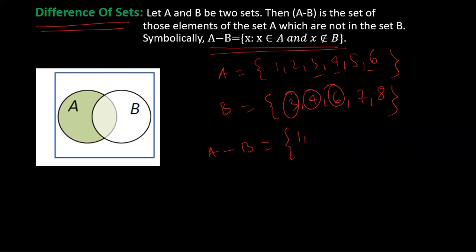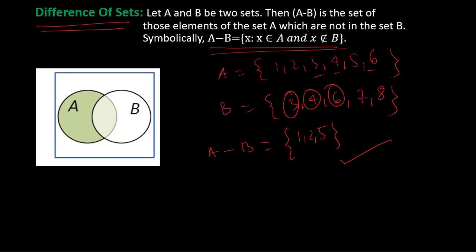That is 1, 2, 5. This will become A minus B. So that means the elements in the set A but not in B. That means elements of B will be subtracted from the elements of A. If there are no common elements, then A minus B will become A.